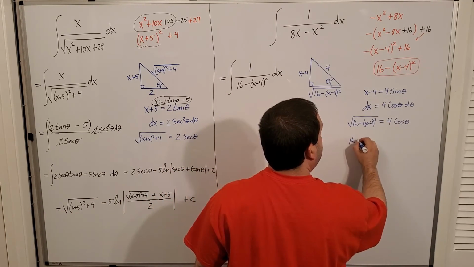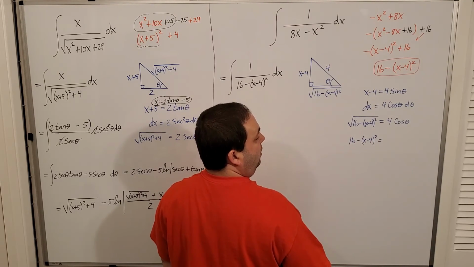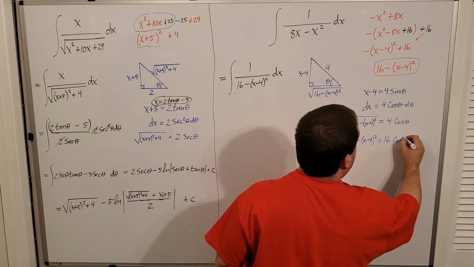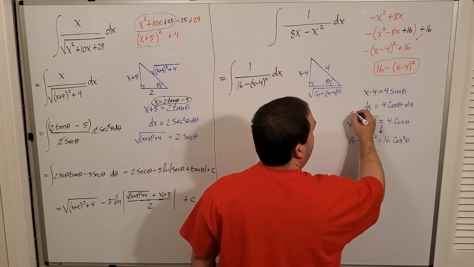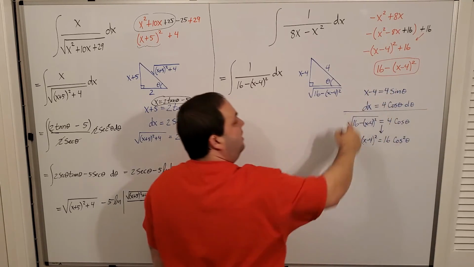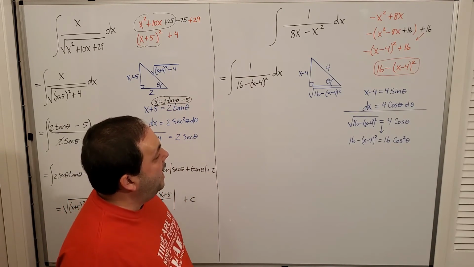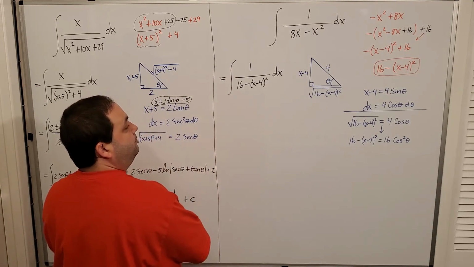So just 16 minus (x minus 4) squared, like so, would be equal to 16 times cosine squared theta. Right? That's directly from here to here, separate from the x dx pair. All right, now I have the pieces I need to do this substitution.